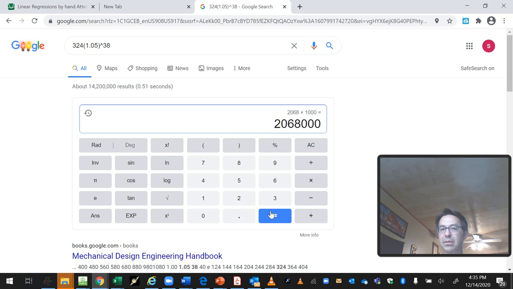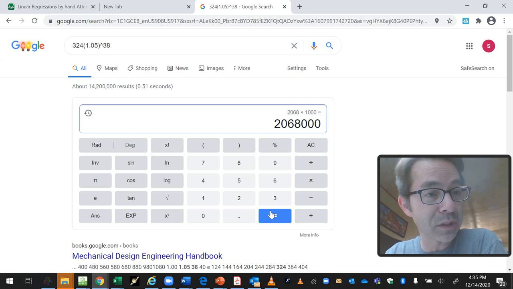So it's off by quite a bit. That's 2 million, right? In reality, in 2019, there were only 1.2 million violent crimes, not 2.1 million violent crimes. So the exponential model was quite a bit off.